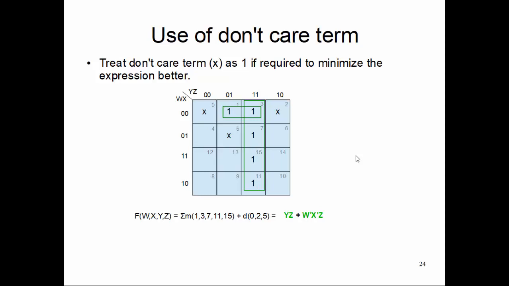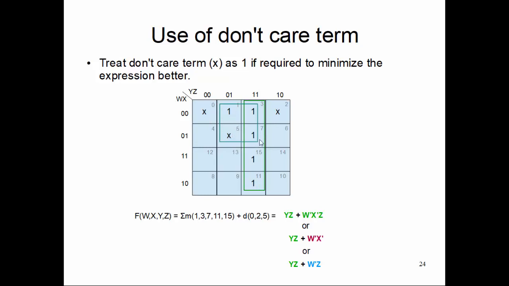In this context, we can have a bigger group from 1, 3. Instead of that, we can do 0, 1, 3, 2, or we can treat X as 1 and do 1, 3, 5, 7. Both of these answers are correct. So instead of W bar X bar Z, we can come up with W bar X bar or W bar Z, depending on which one I am including or treating as 1.